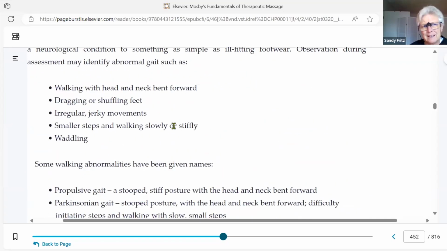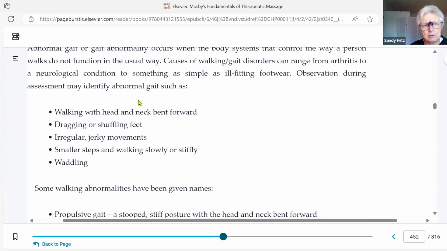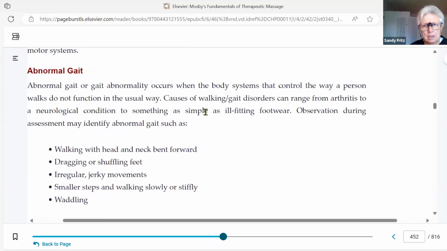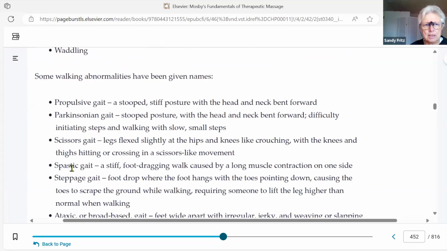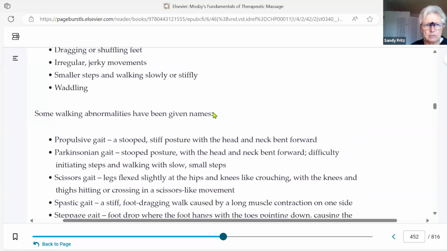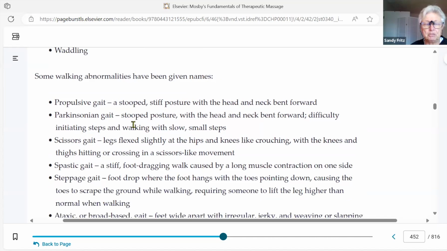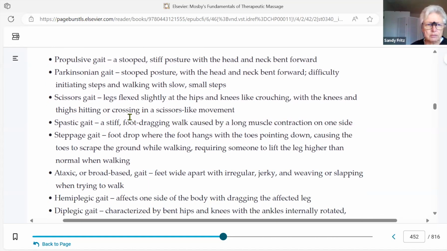You'll certainly encounter the word gait, posture, that sort of thing. I don't think on the NBLEX exam you're going to have specific terminology related to these specific gait dysfunctions, but you might encounter it as you're interfacing with another health professional.